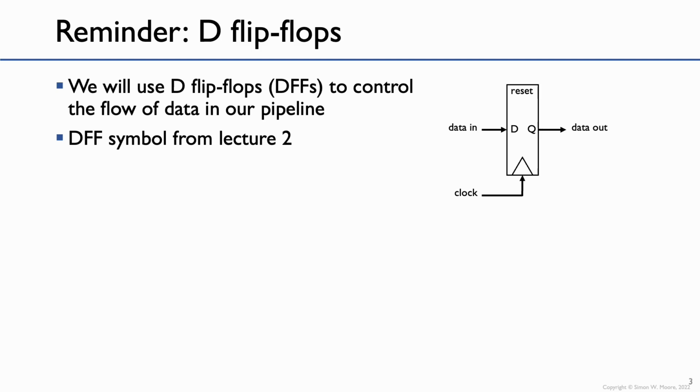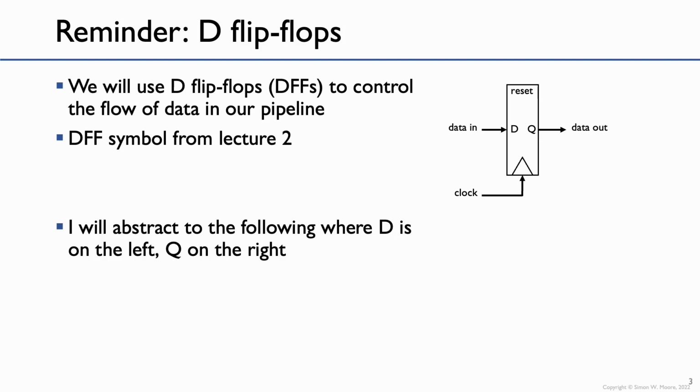The principal operation is on the edge of the clock, quite often the rising edge of the clock. The data is basically copied from input to output, and when we don't have the rising edge, the flip-flop remembers the output state, so no matter what happens with the data input, the output doesn't change. And this allows us to sequence data through our circuits.